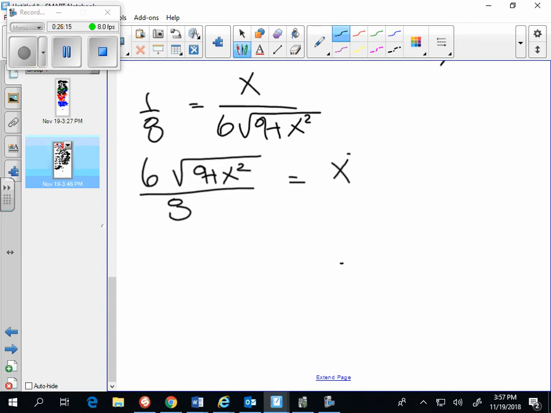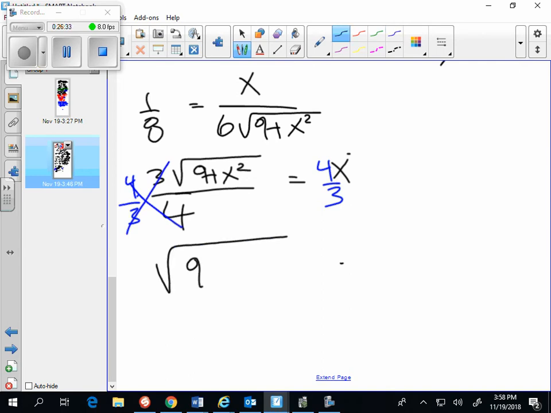I guess I could do 3/4 here. And I'm going to square both sides. Some people like to isolate the radical before squaring, so maybe I should make them happy. Cancel out those, and we get the square root of 9 plus x squared equals 4/3 x.